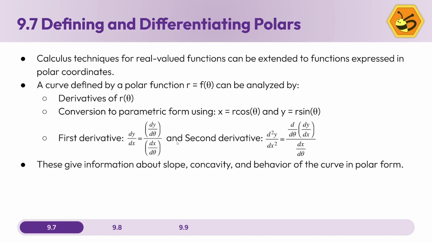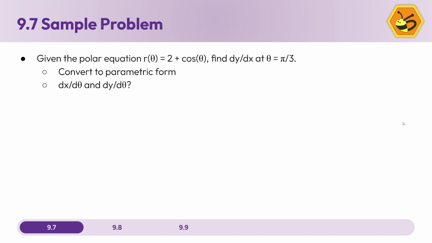All of these pieces of information will tell us about our slope, concavity, and the overall behavior of the curve in a polar form. So make sure to be reviewing what these different ideas tell us. What do the derivatives tell us? Those are all things that we reviewed in previous units. Are there any questions about anything on this slide so far?